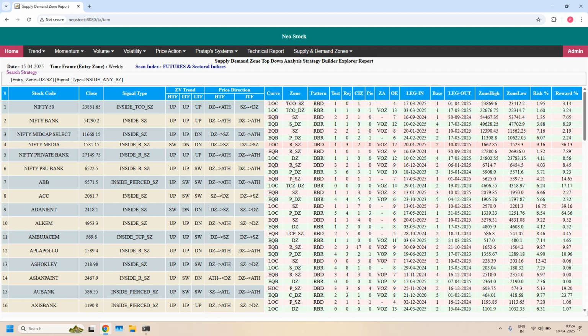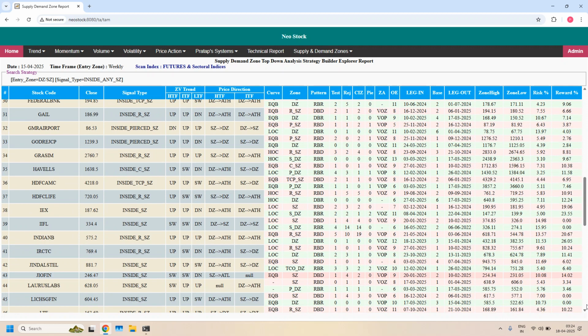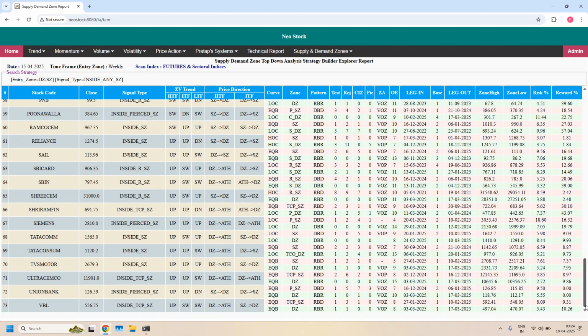I am scrolling the list down. So total 73 stocks are filtered.